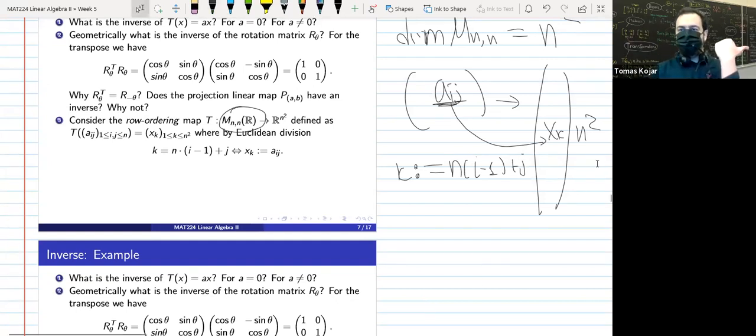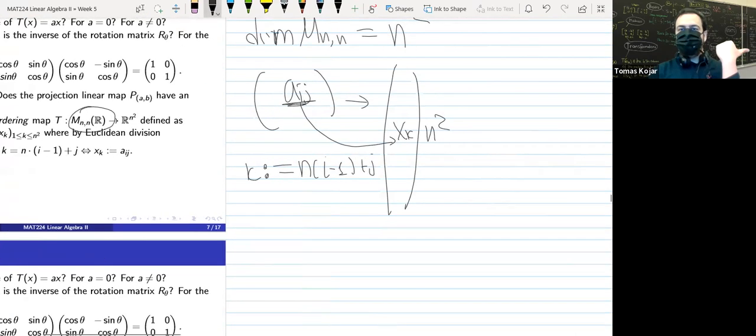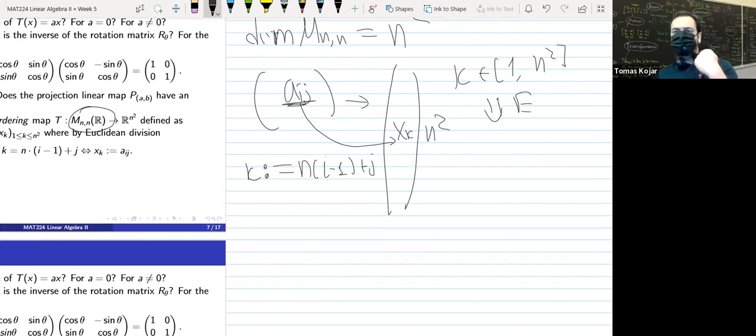So if you start with an x_k in 1 to n squared, you do Euclidean division with respect to n. So you have n multiple (i minus 1) and then a remainder j.